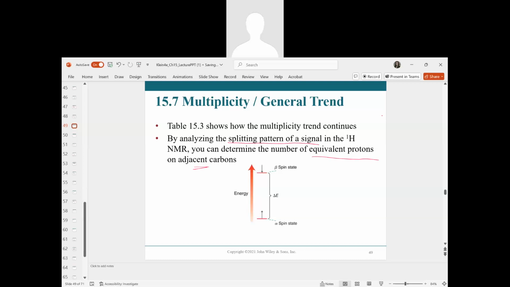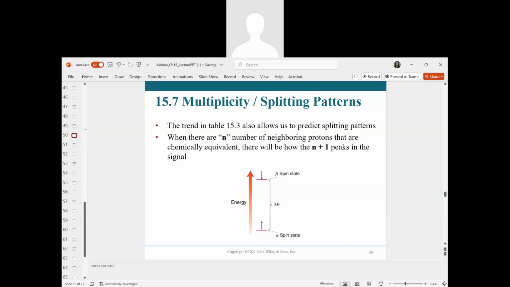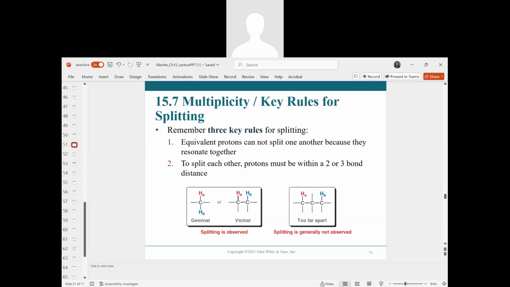If we have neighbors that have a different electronic environment, we use that as our n for the number of neighboring protons that are chemically equivalent, and we see that we have n plus 1 peaks produced. So again, this depends on the equivalent amount of neighbors. You might have 3 protons that you'd say is one collective neighboring proton.